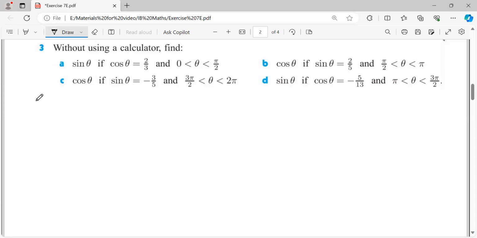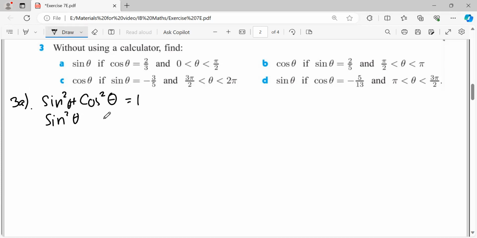Okay, the interval from 0 to 90 degrees. Okay, 3a. Again, this equation. Cosine theta equals 2/3.